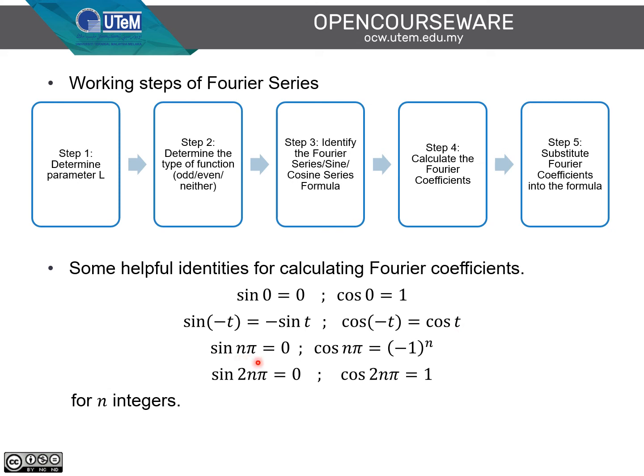Sin n pi is equal to 0, while cos n pi equals minus 1 to the power of n, where n is an integer. And sin 2n pi is always equal to 0. Lastly, cos 2n pi is always equal to 1 for n integers.